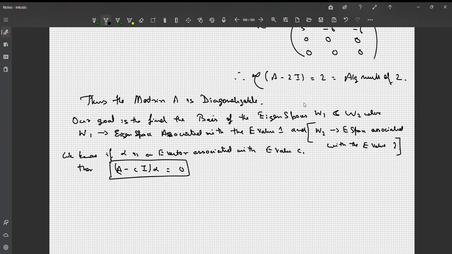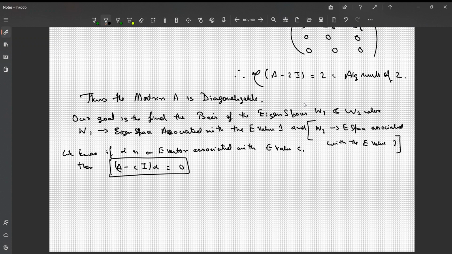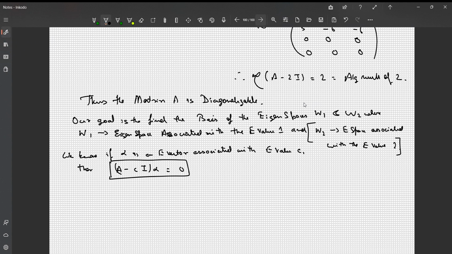Since we have hold of these eigenvalues, we can consider this as a system of linear equations, or simply a matrix equation, and solve for this vector, right? So we go to the next page.